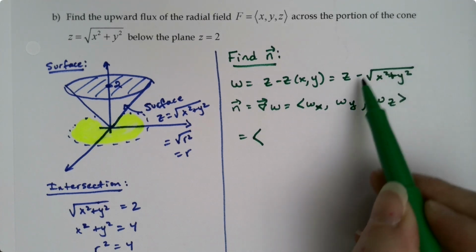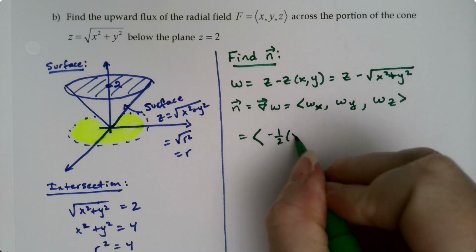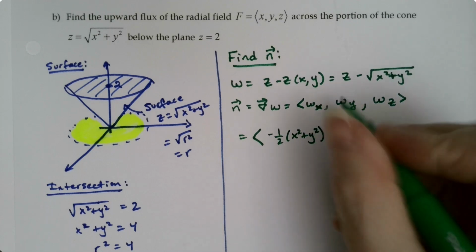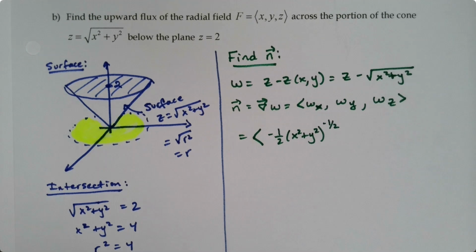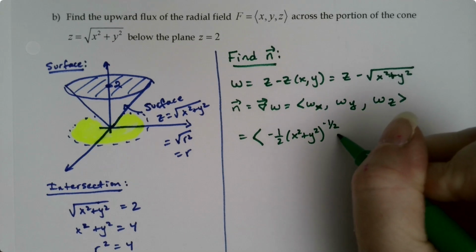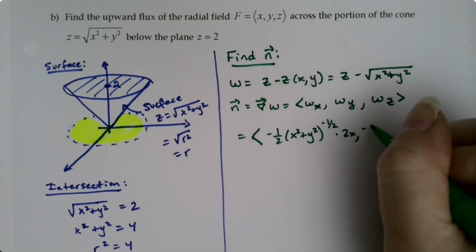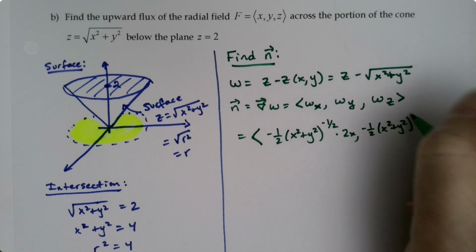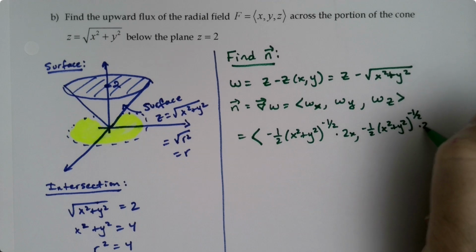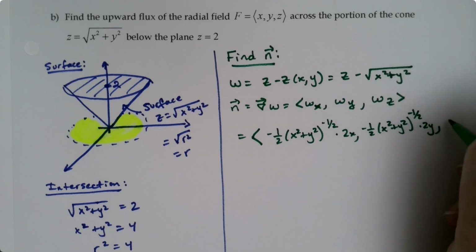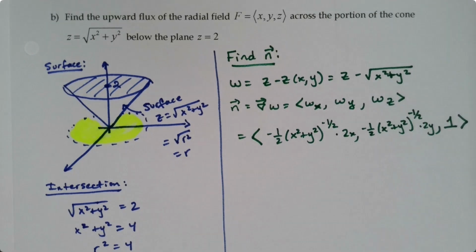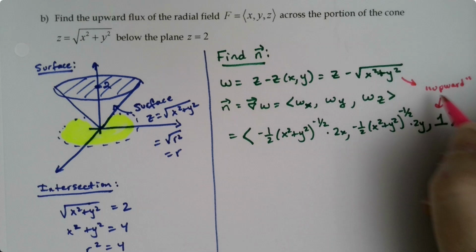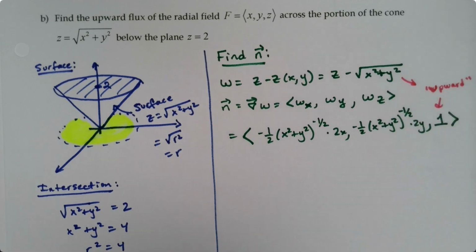So we bring the half down, so it's negative 1/2 x squared plus y squared to the negative 1/2 times 2x. And then same thing for the other one, negative 1/2 x squared plus y squared to the negative 1/2 times 2y. And then it's 1, which shows the upward portion. So those pieces put together make it upward.